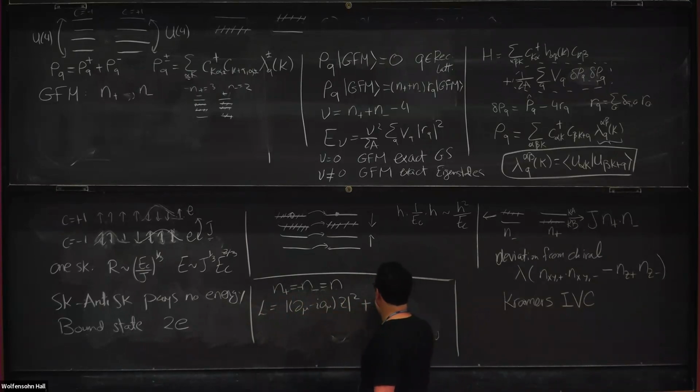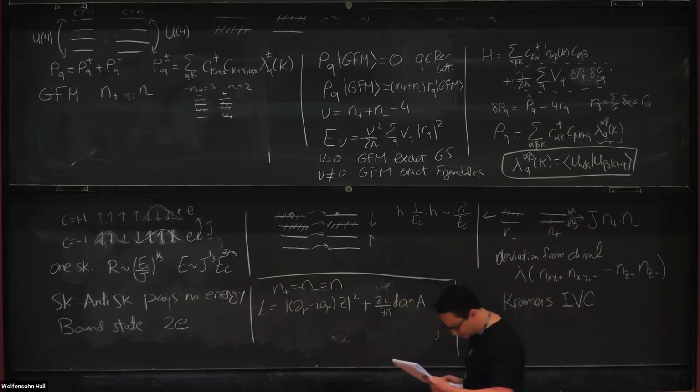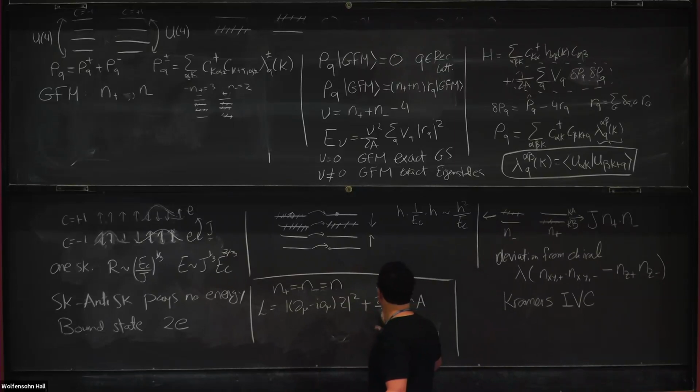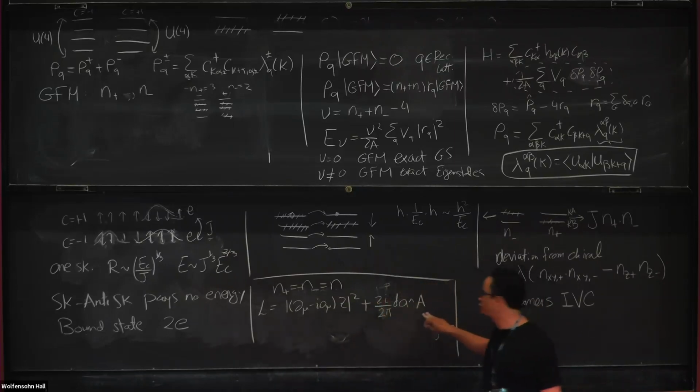But more importantly, this theory has a mutual Chern-Simons term between the emergent gauge field and the background with a prefactor 2.